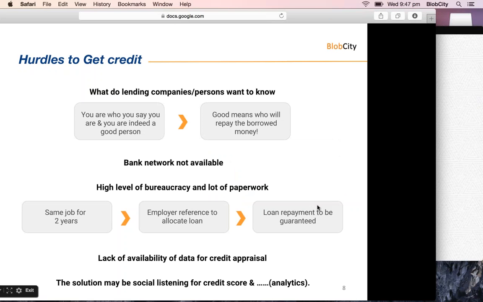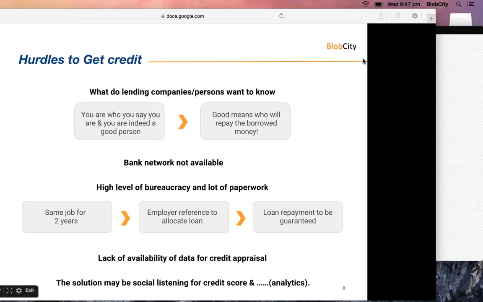Now, moving to what are the hurdles in credit. In case the person has this particular social profiling, one of the other uses, other than credit, would also be talent search, the talent rating from the social profiling.